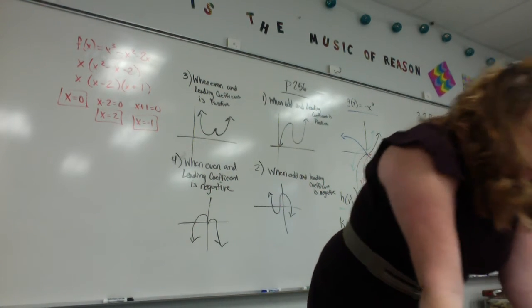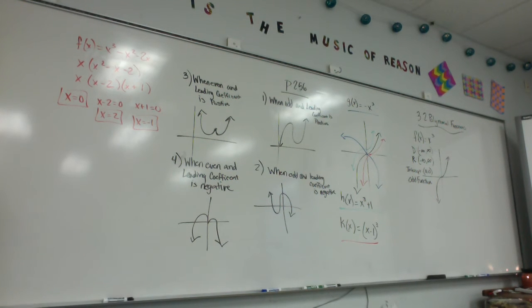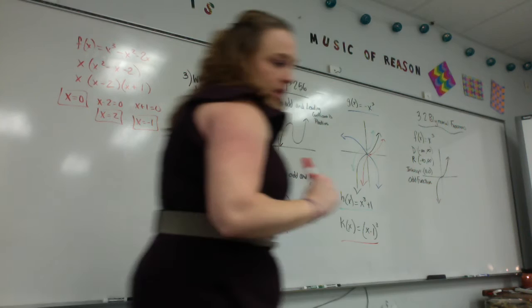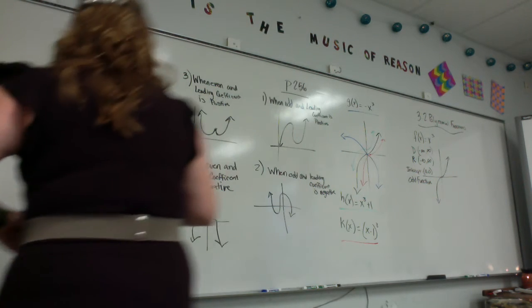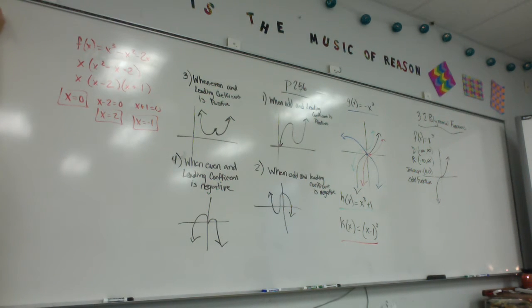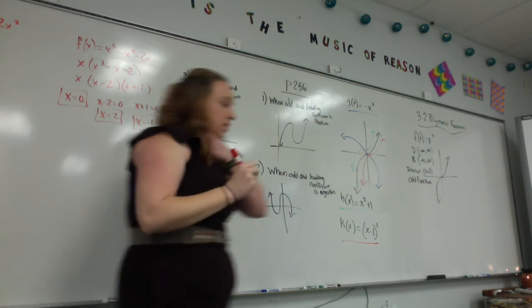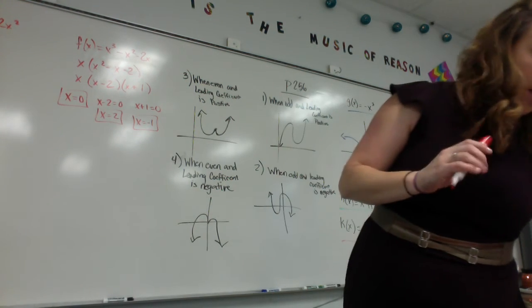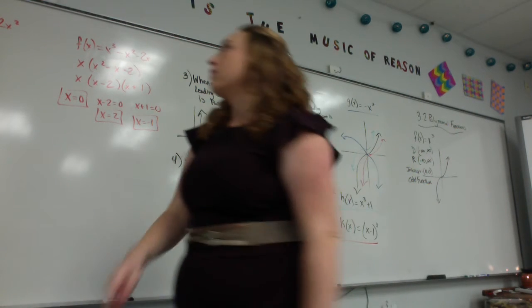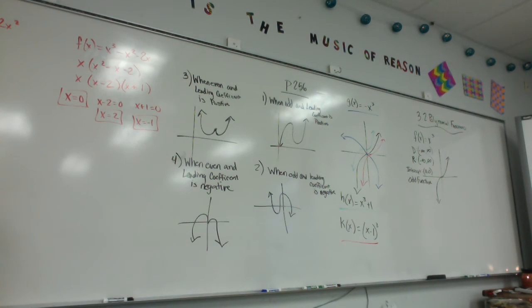What happens if I have this? One last one. Let's say it says 0 equals negative 2x to the 4th plus 2x squared. How do I factor this? What do you want to take out first? X squared and what else? 2.